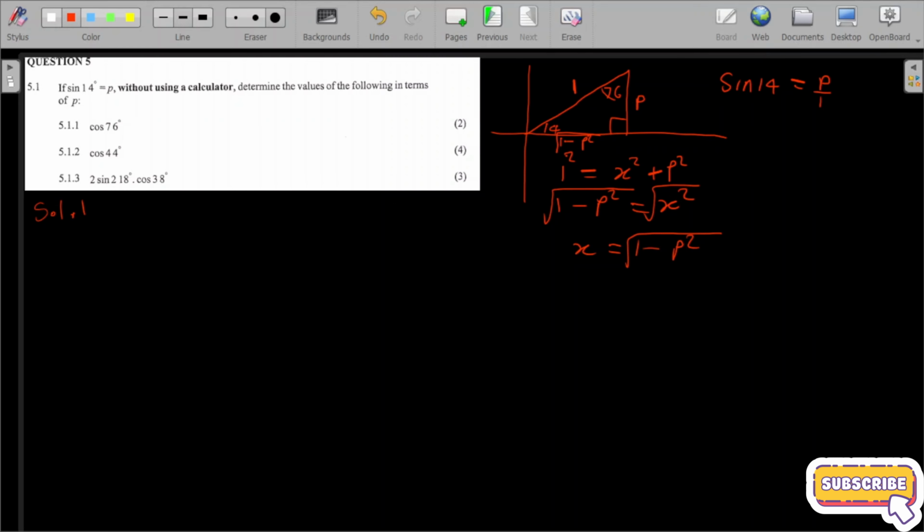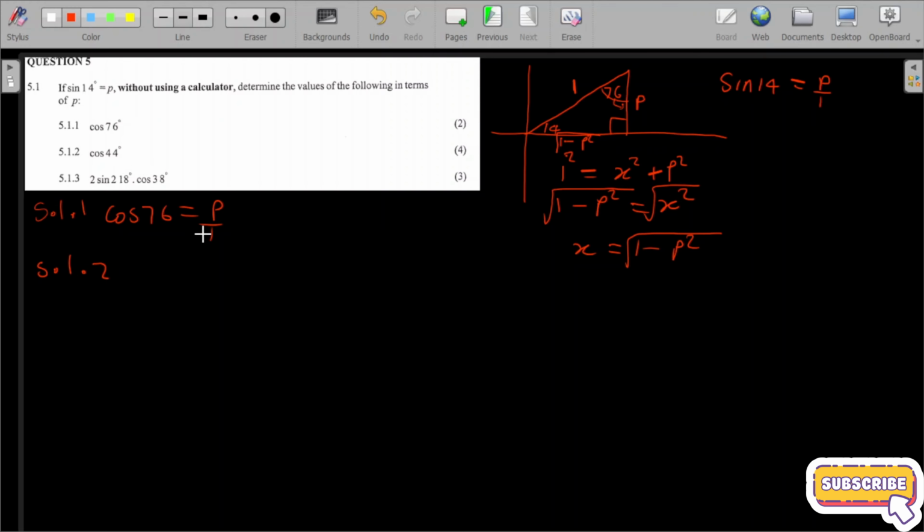So the adjacent of this angle here is p, over 1, which is my hypotenuse. So cos of 76 is p over 1. The adjacent of this angle is p, and the hypotenuse doesn't change.